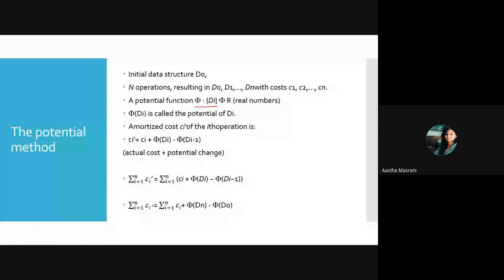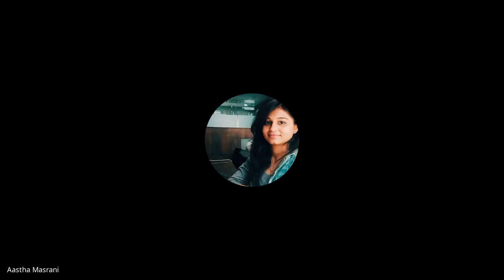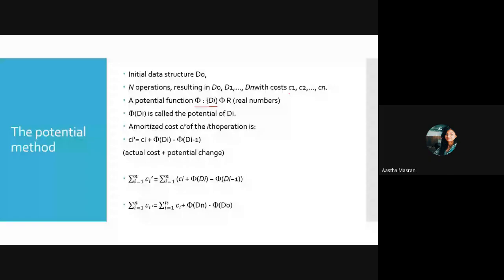What is the potential change? Consider the cost assigned to the operations from the whole data structure as an energy assigned to it. Some of the operations will need more energy and some will need less energy.